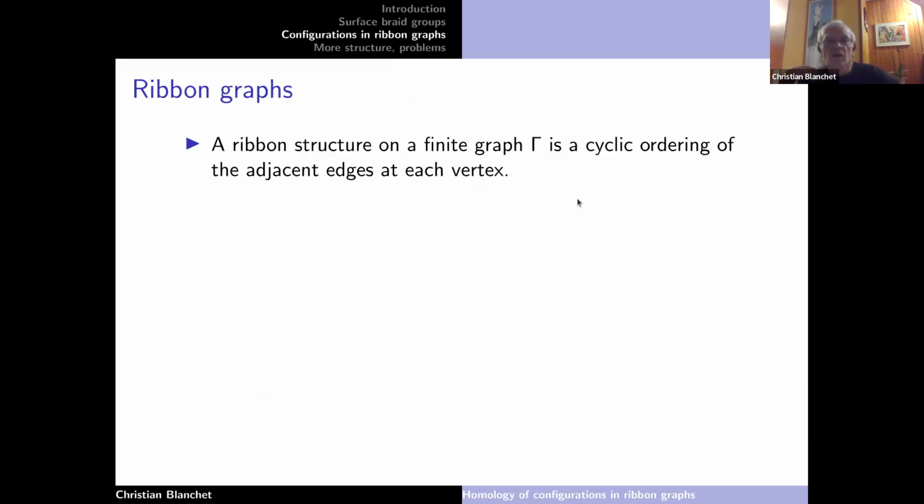So this was the first part. Now you could tell me, yes, but are you able to compute something? And there are two questions. One question is to compute the homologies, and the second question is to compute the mapping class group action.